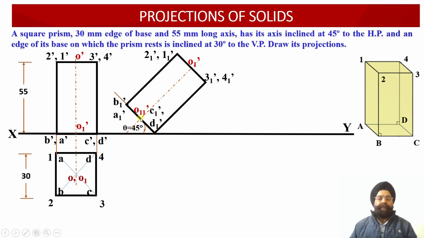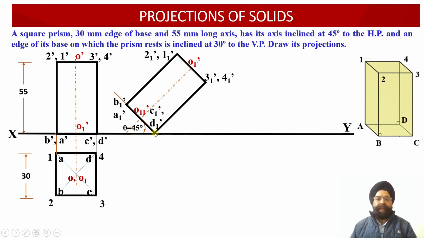Now, having obtained the front view projections of the square prism, when the axis of the prism has been inclined at an angle of 45 degree with respect to the horizontal plane, and the prism is resting on the ground on one of its edges, which happens to be the edge CD.